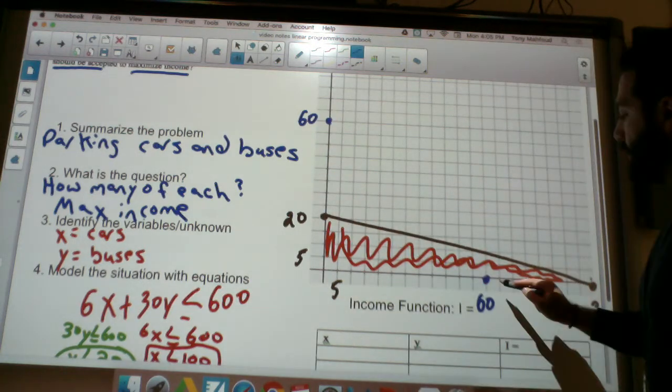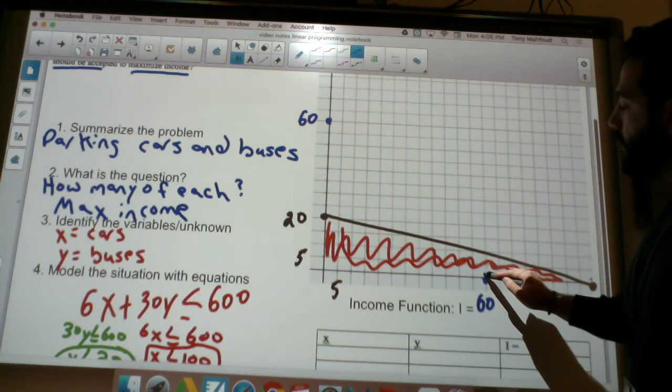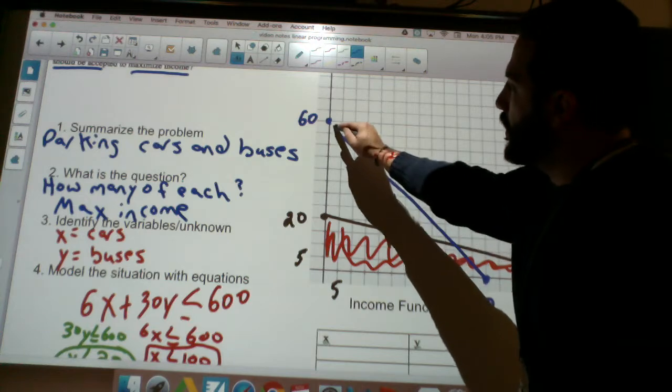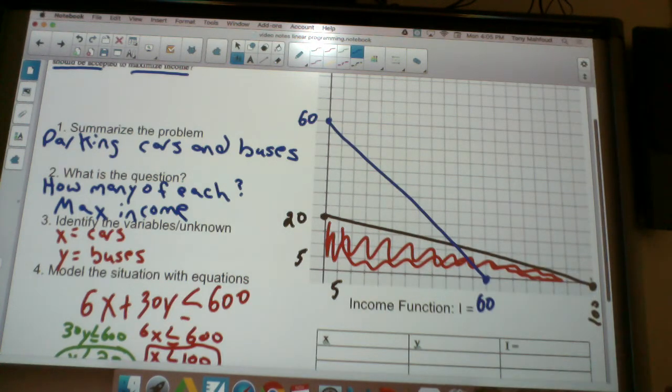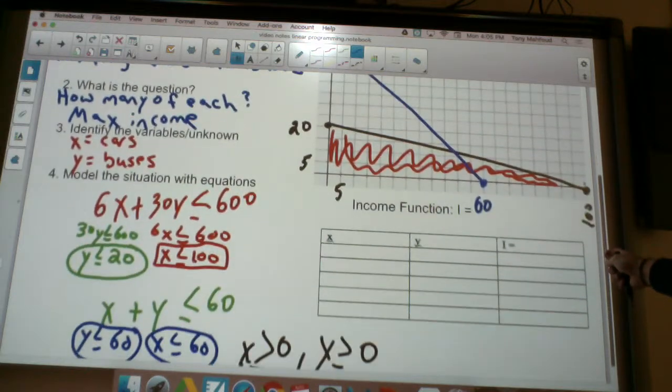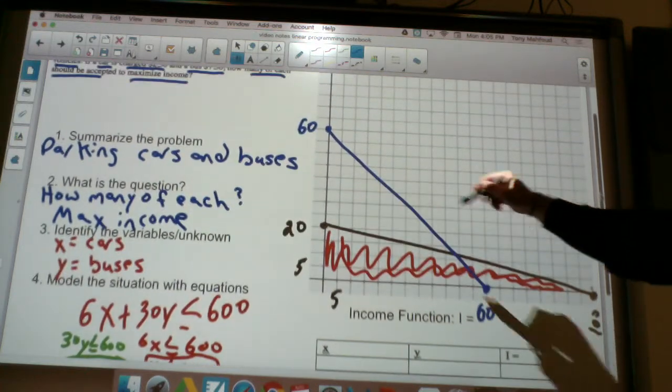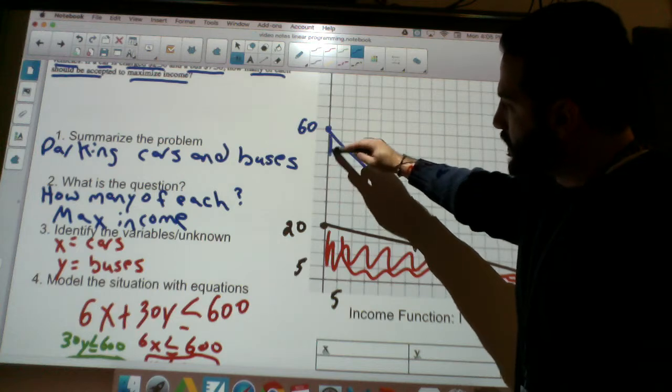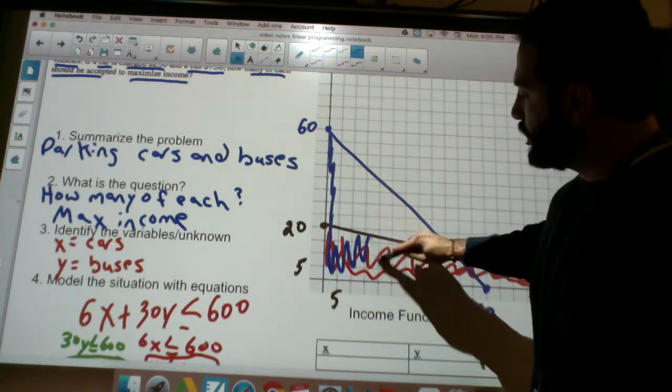And our inequality is going to connect from my x-intercept to my y-intercept. And we're going to be looking at less than. So we're looking at y is less than or equal to 60. So here's y. I want less than or equal to 60, so I want this whole region over here.